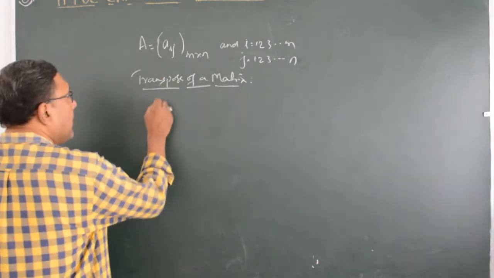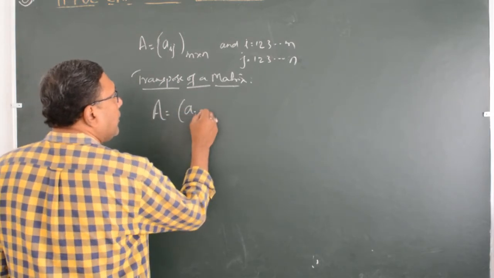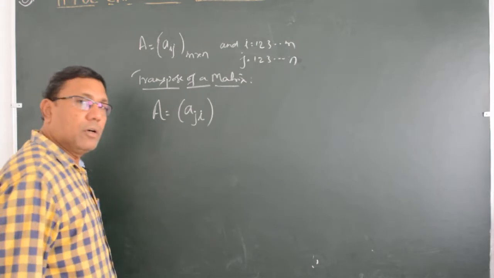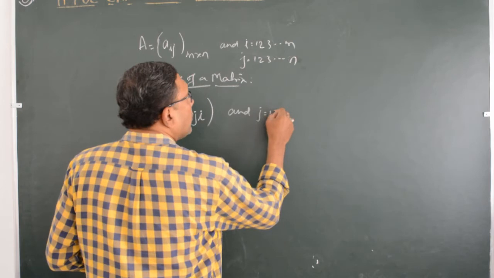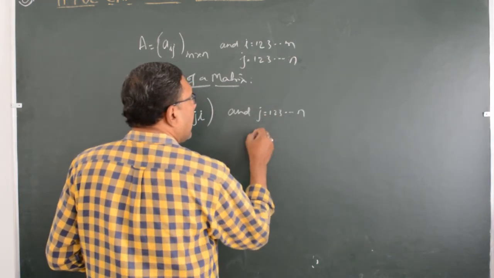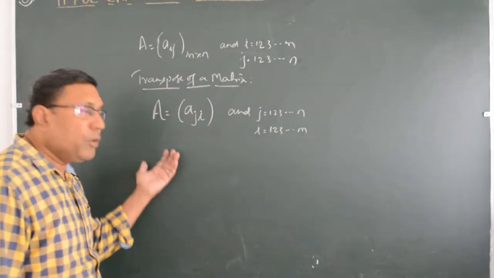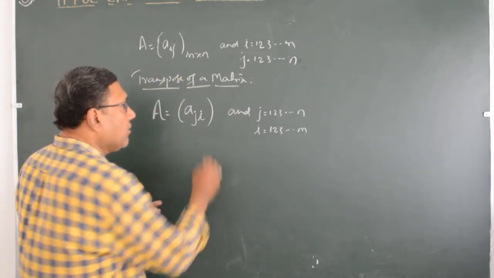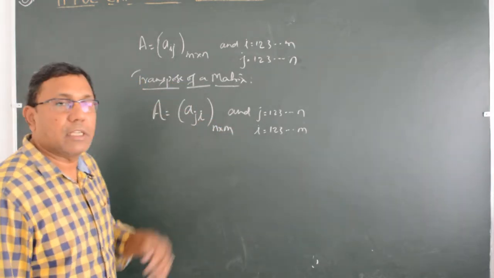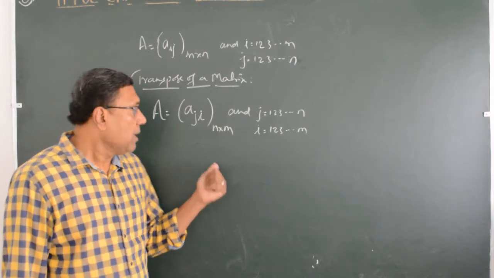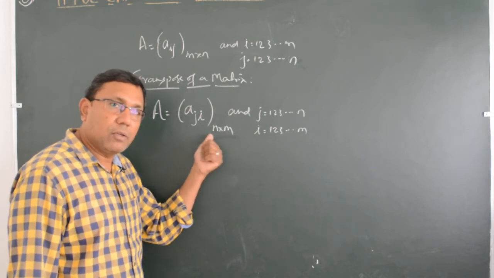That means I change the rows into columns and columns into rows, with j going from 1 to n and i going from 1 to m. What does it mean? I had an original matrix of order m by n. Now it has changed into n by m. I now have n rows and m columns.